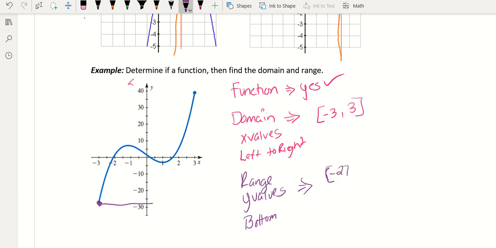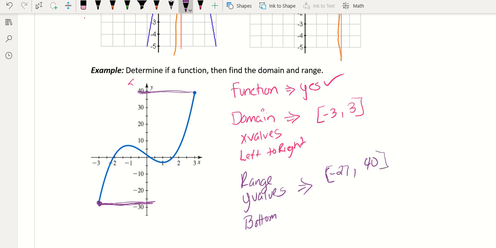That will be for the y. That's our lowest point on the graph. Now we have to look at our highest point on the graph. It may be a little bit below it, but we could say it crosses at 40.